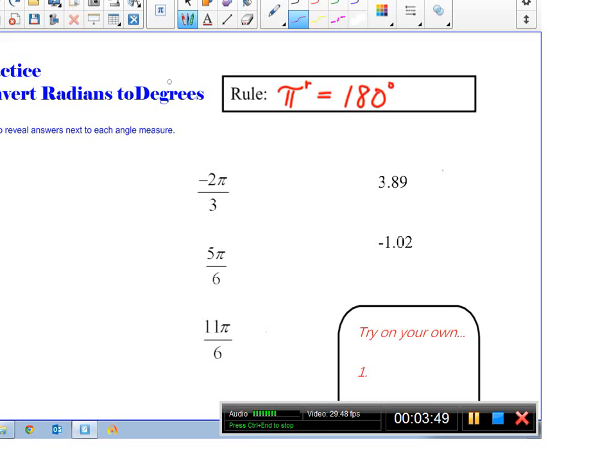So if pi radians equals 180 degrees, then anytime we have pi in one of our problems to convert, we can actually just substitute in 180 degrees. And make sure you're putting the degree symbol now. So pi divided by 2 radians would equal 90 degrees.